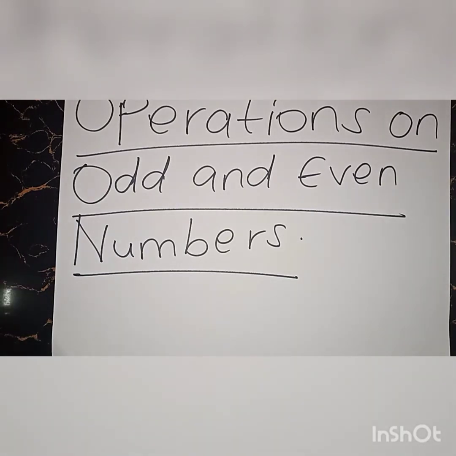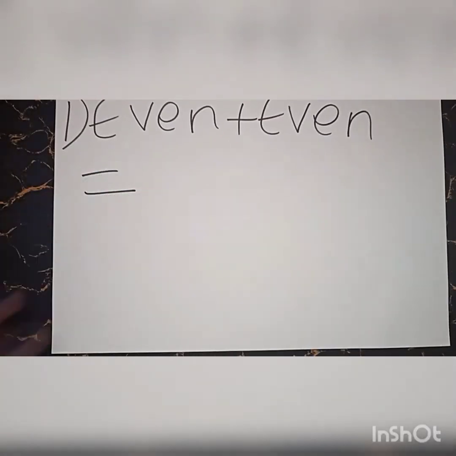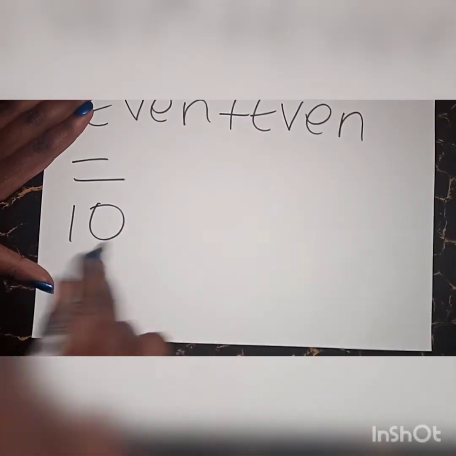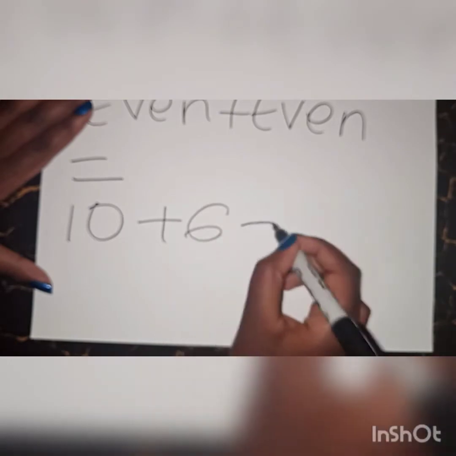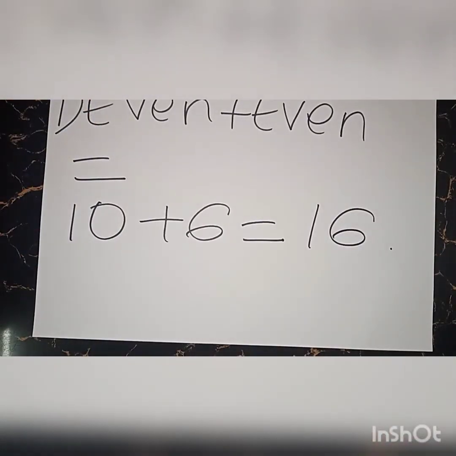So, what happens when you add an even number with another even number? Let's look at some examples. So, we have a number like 10, which is even, plus 6. 10 plus 6 gives us 16, an even number. Okay?